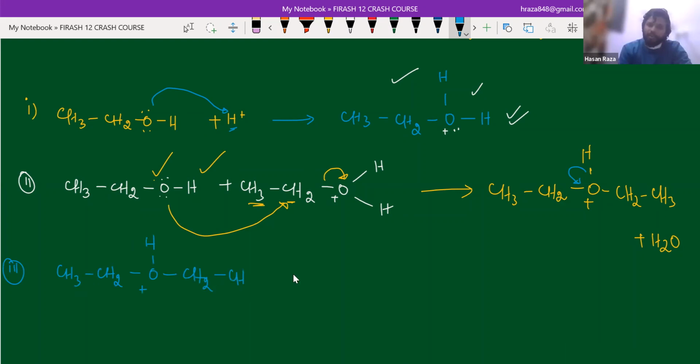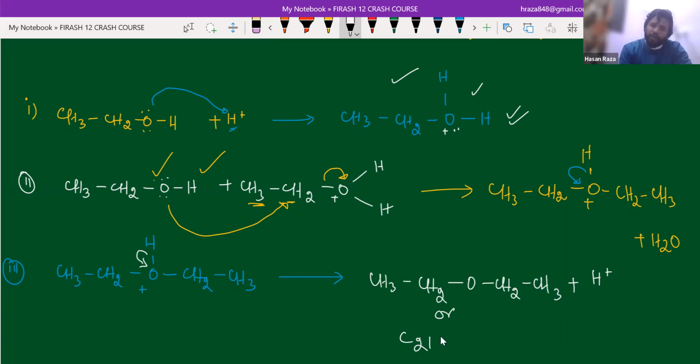A positive charge on oxygen is very less stable. So it will take the electron from hydrogen, and hydrogen will be now again a proton. So the product formed, you can see, is ether. In this way, ether preparation took place, or else you can write C2H5OC2H5. Is that clear?